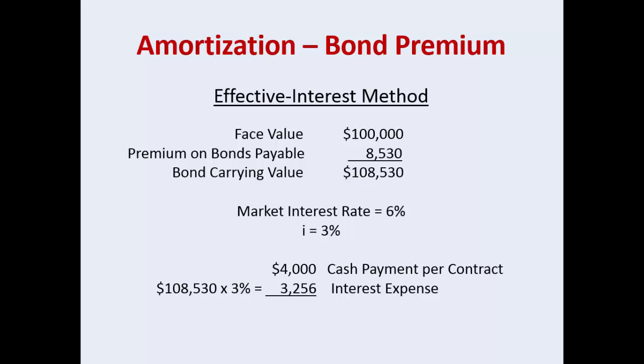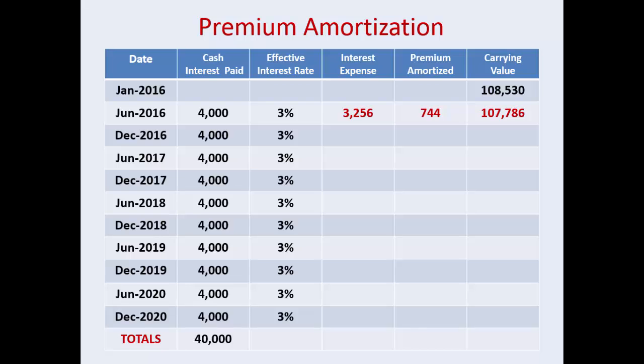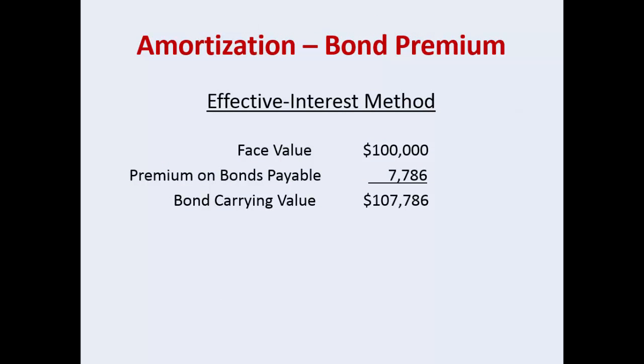Multiply the carrying value by the 3%, that is your interest expense. So you're really backing into premium amortized. Where with a straight line, you calculate how much is amortized, and you're backing into interest expense. So the differences really are, what are you solving for?